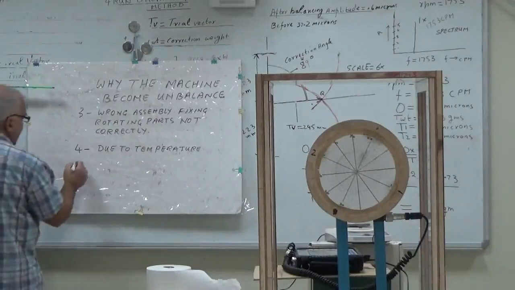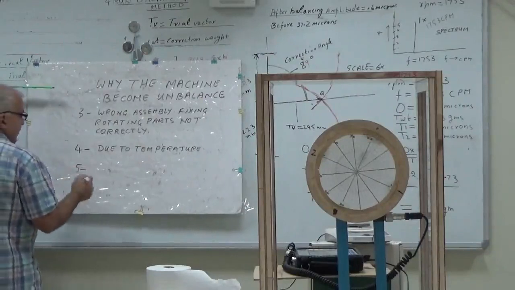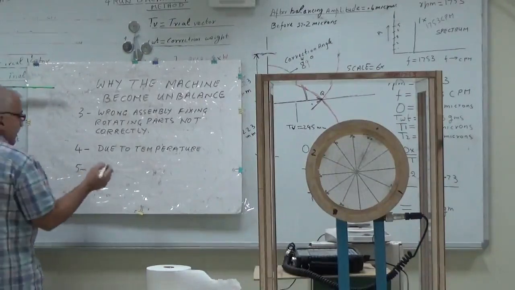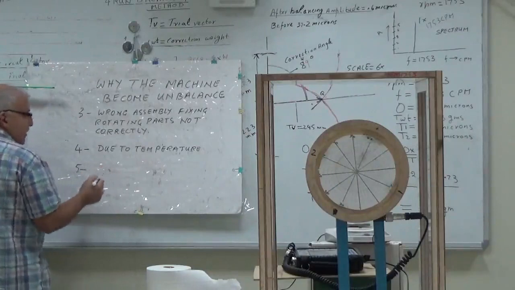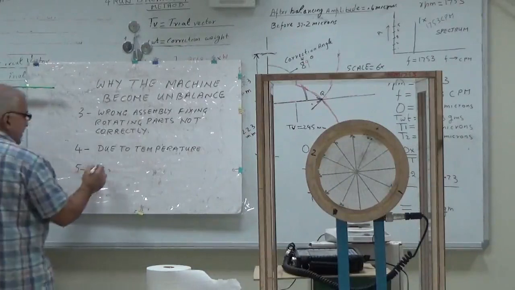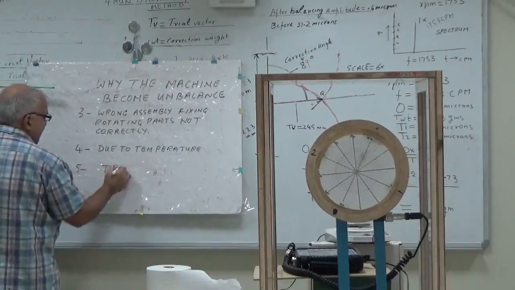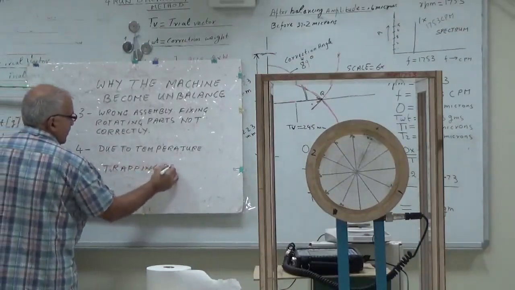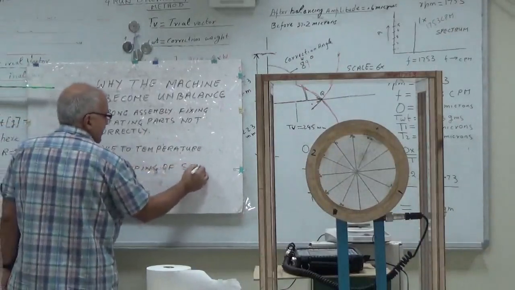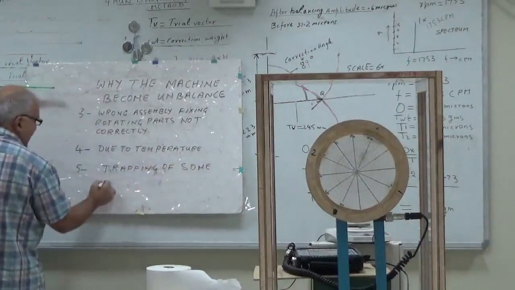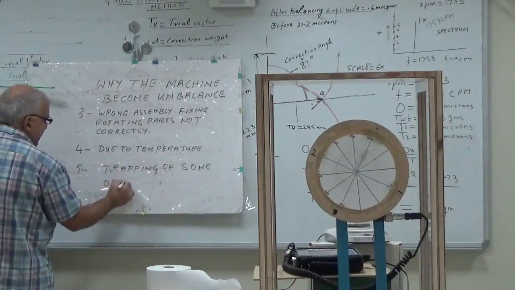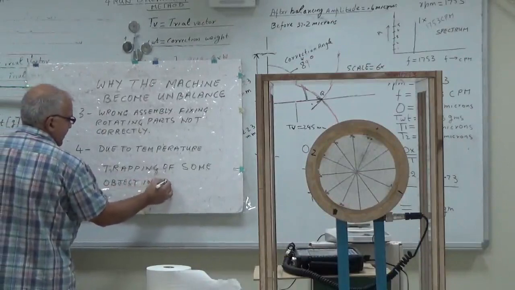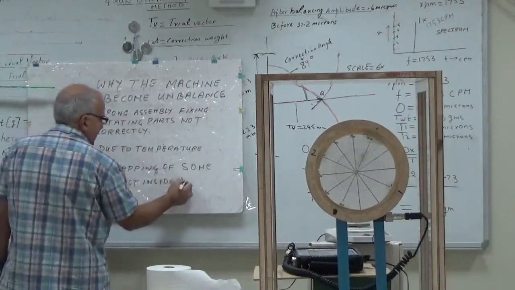And there can be another reason. For example, in case of a pump, if something becomes trapped in the impeller, it will become unbalanced: trapping of some object inside the impeller.